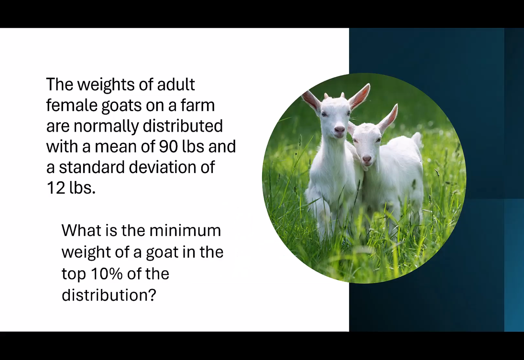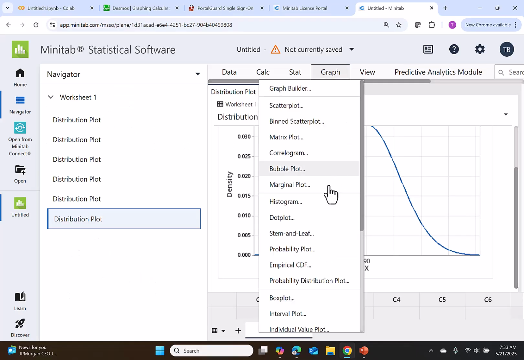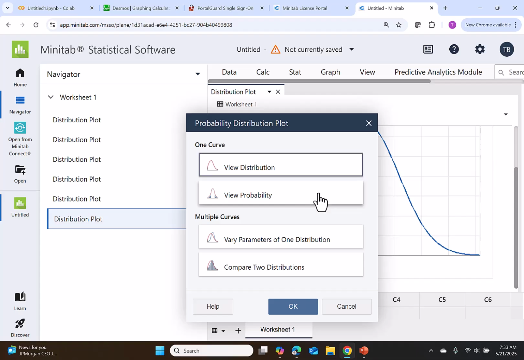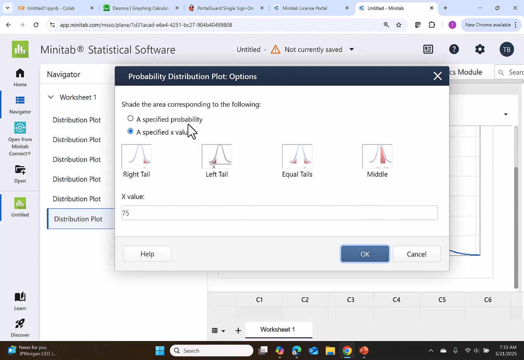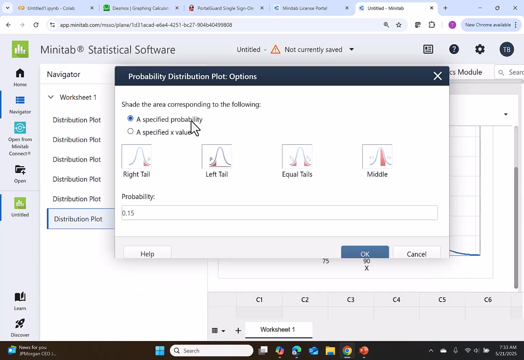Our last problem says, what's the minimum weight of a goat in the top 10% of the distribution? The top 10% means we're looking to the right tail. So back in the graph, probability distribution plot, view probability, we're going to go to the options, and we're looking at a specified probability that we said is in the right tail.